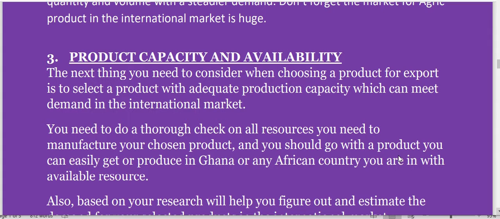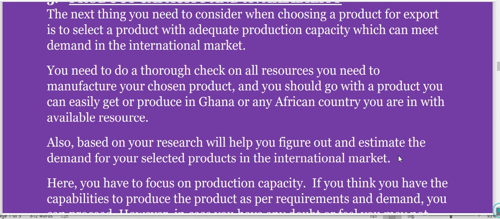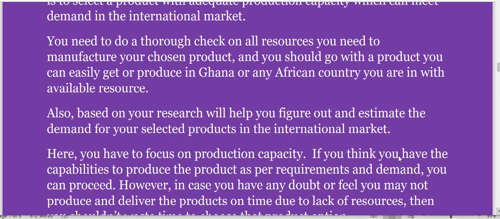Now, you need to do a thorough check on all resources you need to manufacture your product, if it's not a product that you are exporting in its raw state. And you should go with a product you can easily get or produce in Ghana or any part of Africa, any African country that you are in.